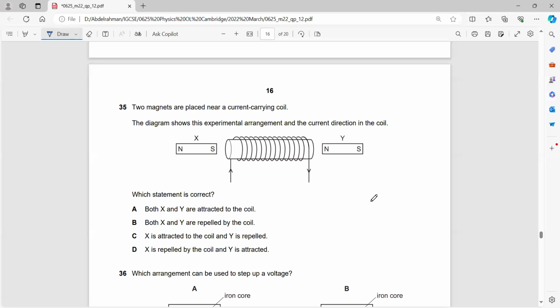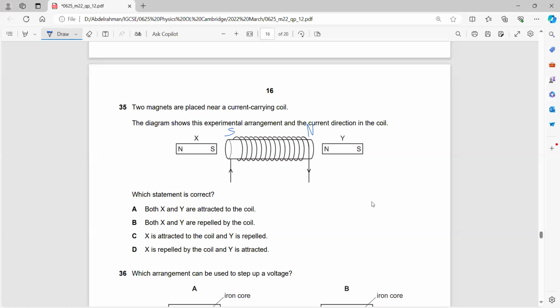In this question, you need to find the magnetic field of the coil. It would be quite hard, but for this coil the magnetic field would be north and south. How do you find it?